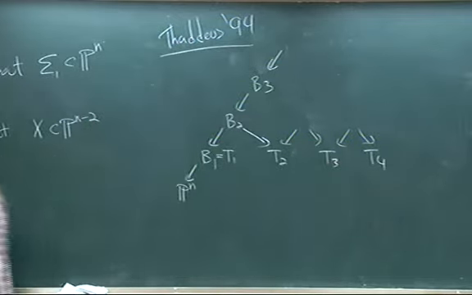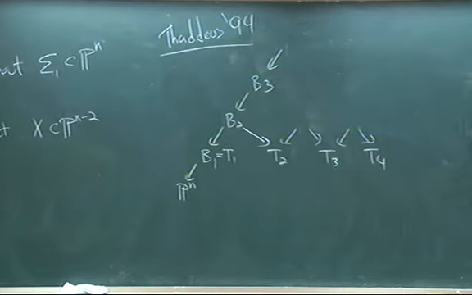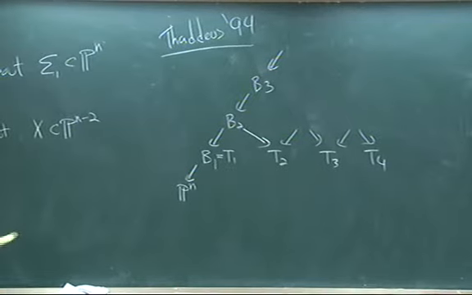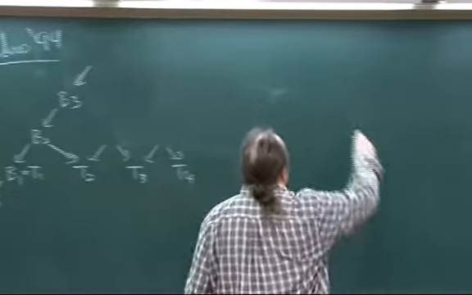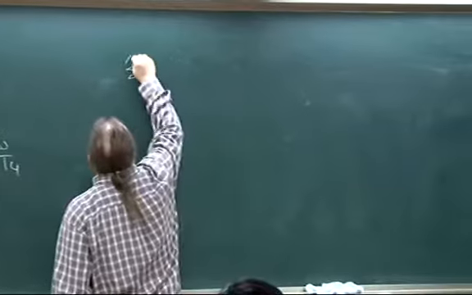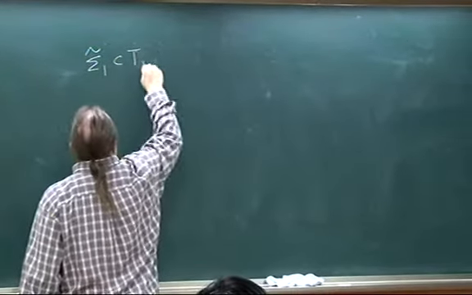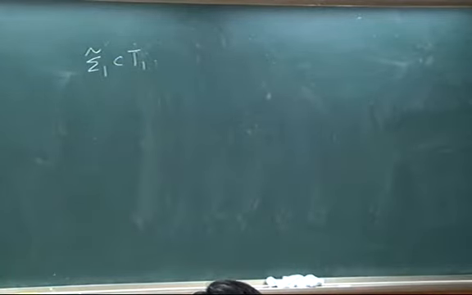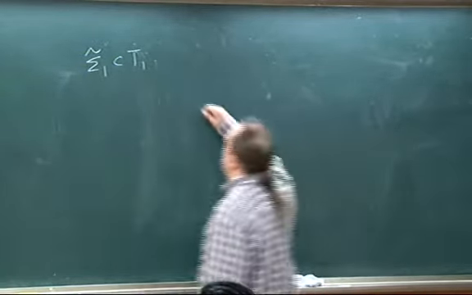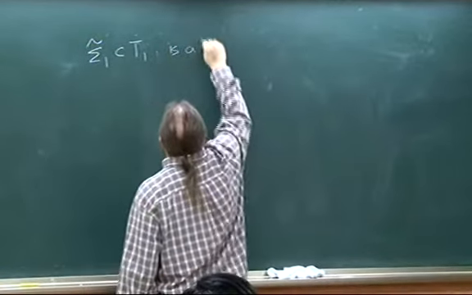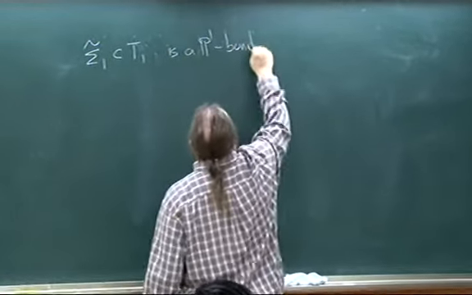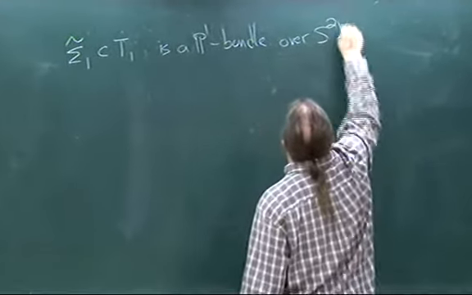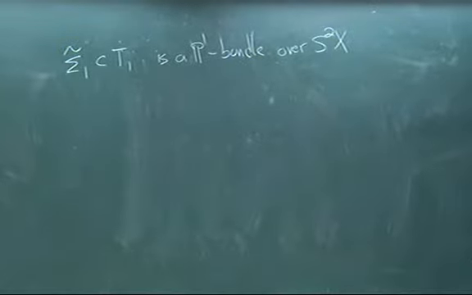But inside here, if you look at the proper transform of the first secant variety in T1, this turns out to be a P1 bundle over S2x.